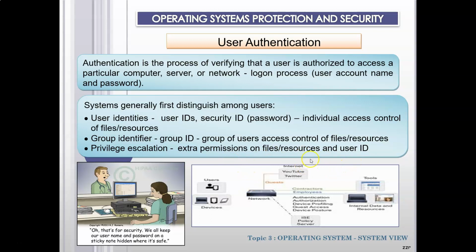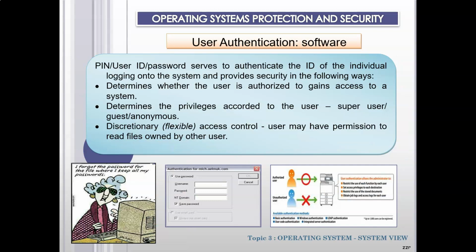For example, you need to access a particular shared folder, or a particular server, or a particular printer that does not belong to everybody. So that's what we call privilege escalation.